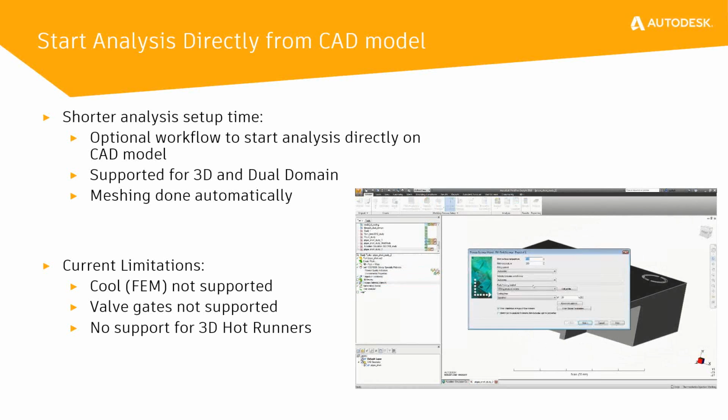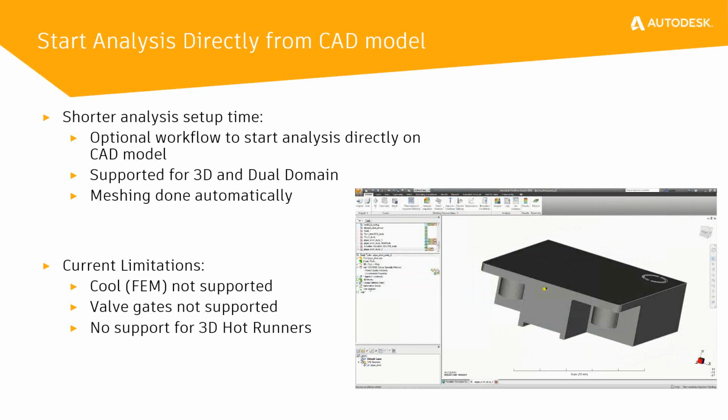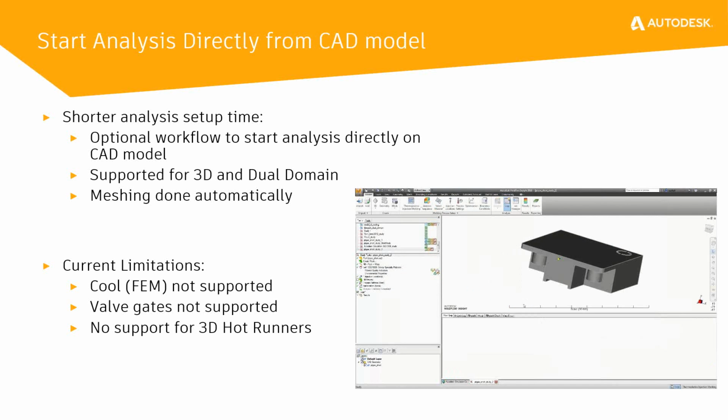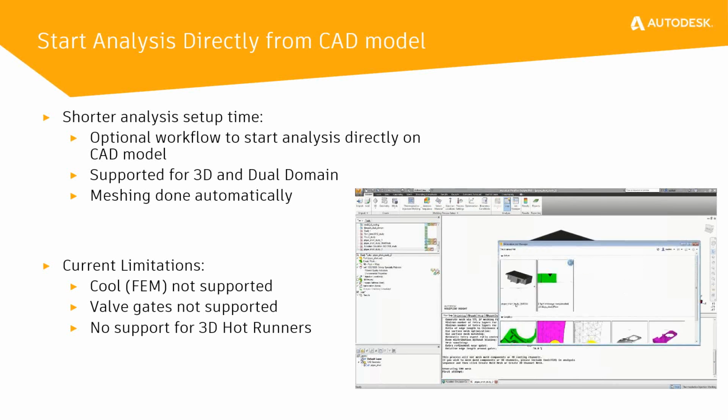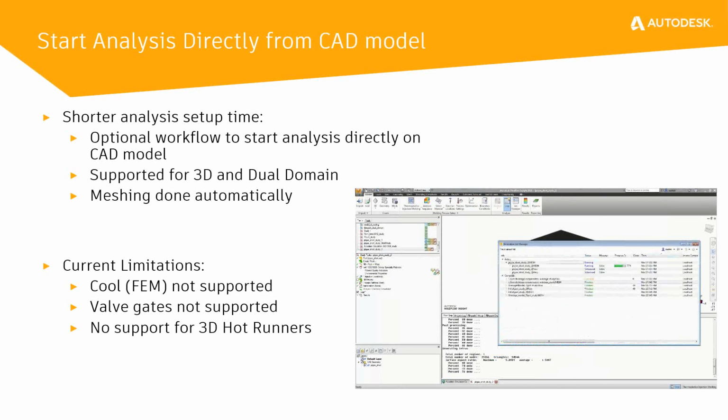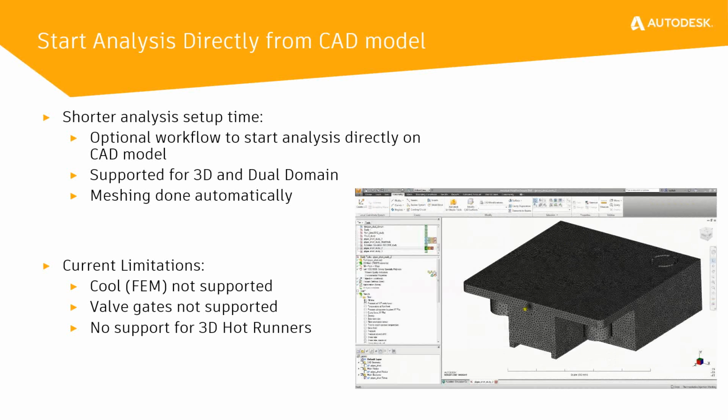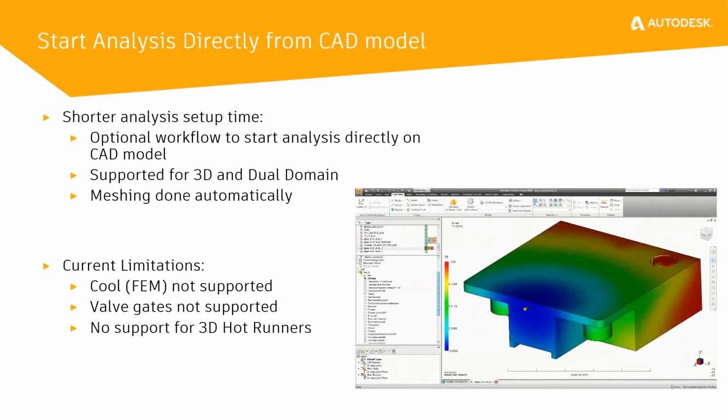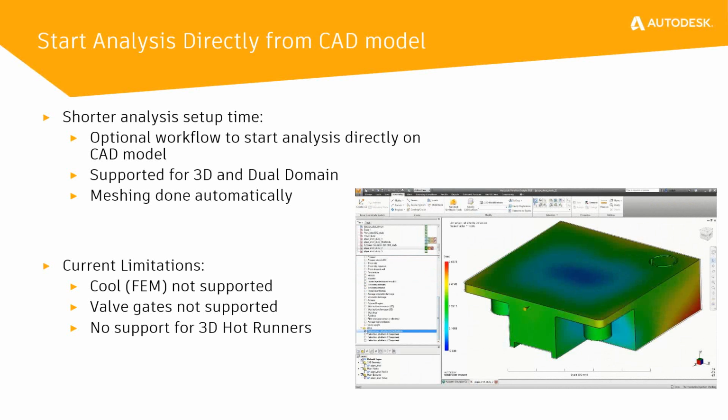Normally, after you set up your analysis, you have to first go to a meshing step, after which customers typically look at how good the mesh is before submitting an analysis. But now, after I put my boundary conditions and the injection point straight on the CAD model, I can start running the analysis straight away, and the meshing and the analysis run in sequence.